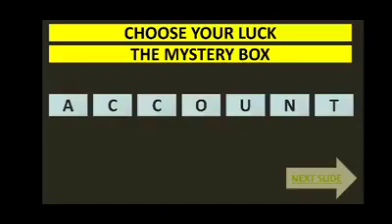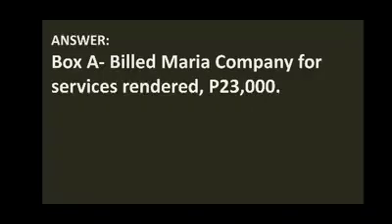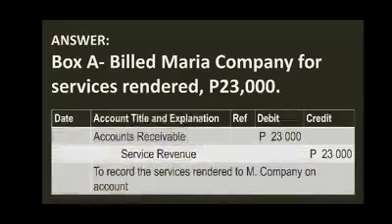Okay, so let's go. Yung mga answers, ito na po. Billed Maria Company for services rendered 23,000. So, debit accounts receivable 23,000, credit service revenue 23,000. Bakit? Kasi billed, meaning binigay mo lang yung babayaran niya, hindi mo pa na-collect yung payment.